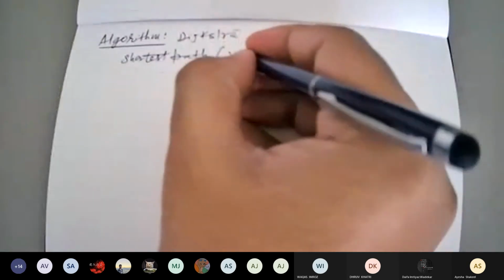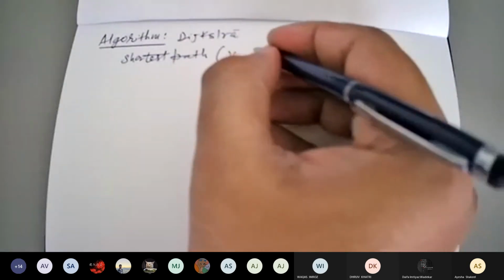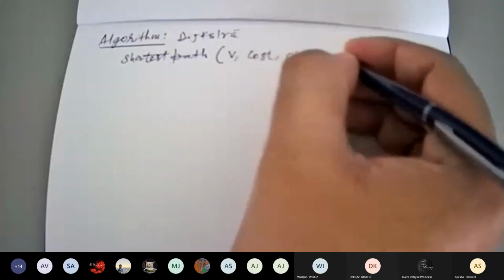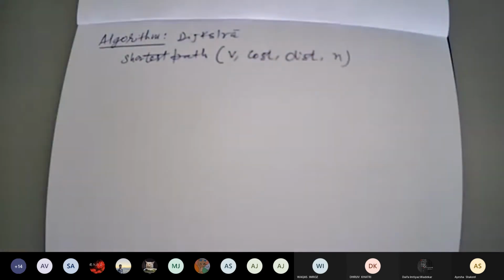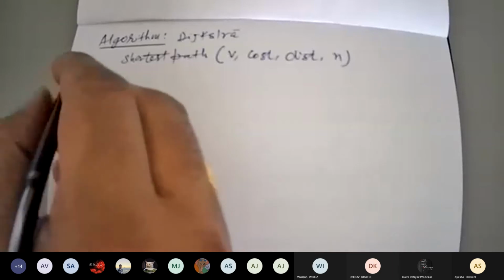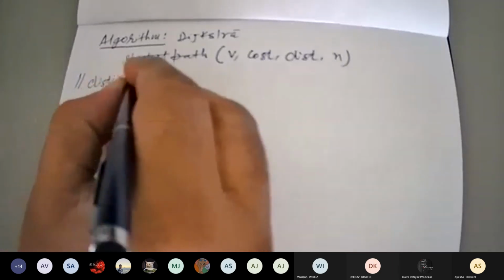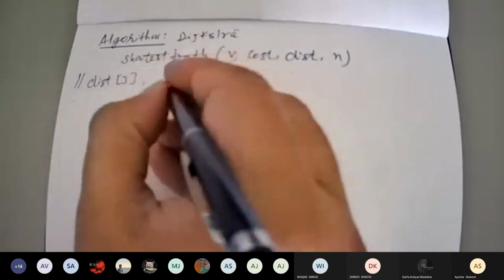Suppose that you have V vertices, cost, distance, and these are the variables you are taking. I'll write some comment lines so that you'll understand in a better way. If it is given distance J, what is distance J?